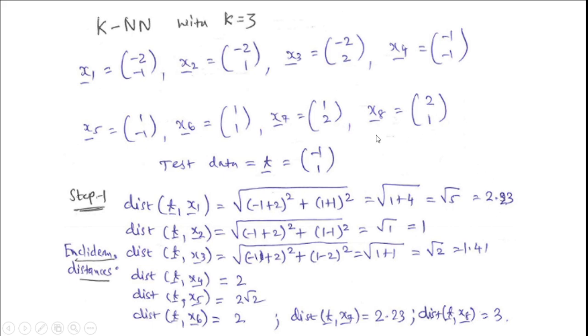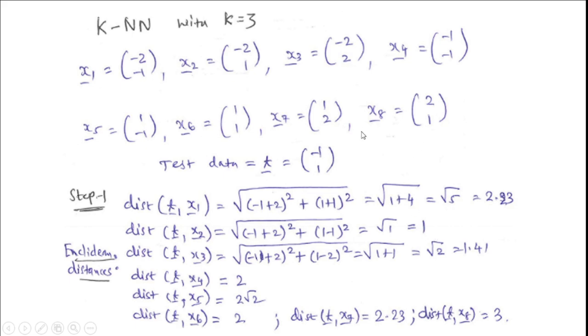And now the distance between test data and the data point x2 is square root of (-1 minus -2, that is +2, the whole square) plus (1 minus the second data point -1, the whole square). So it becomes 0. So it is -2 plus 2, -1 plus 2, square root of 1, which is equal to 1.